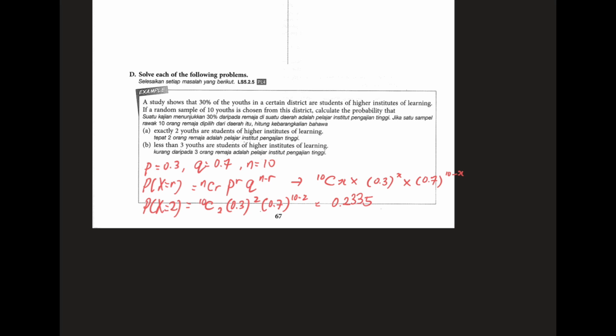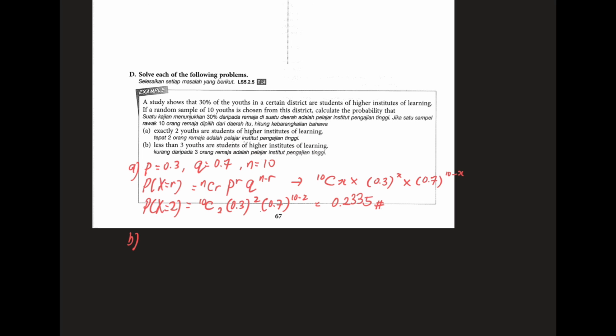So you keep everything in your calculator first, don't clear anything, because in part B we still need to use the formula. Okay, part B. So let's go through the formula first. Keep your calculator on.